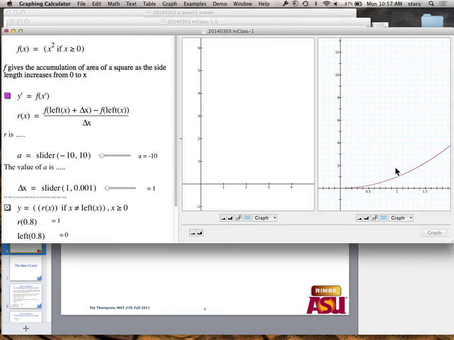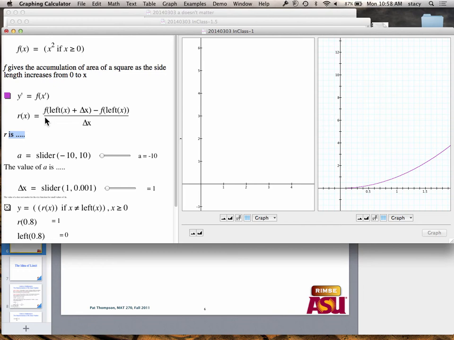So over here on the right side, I've got a graph of that accumulation function. Okay? And then what we just did was say, all right, if I want the rate of change function, so r is what? I've got r of x defined just as we did on the slide. So it's f of x plus delta x minus f of x, all divided by delta x.